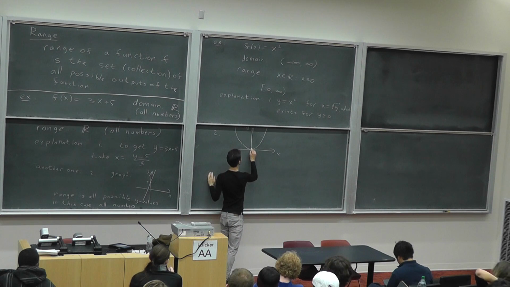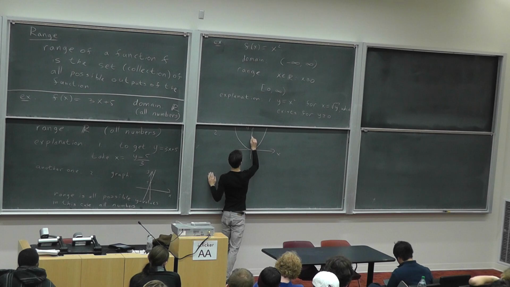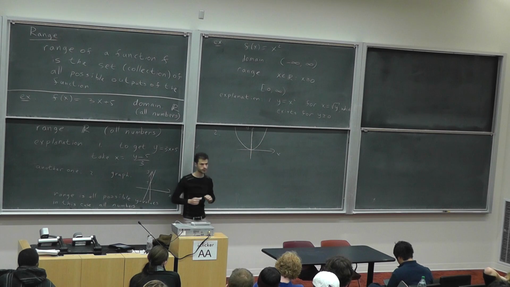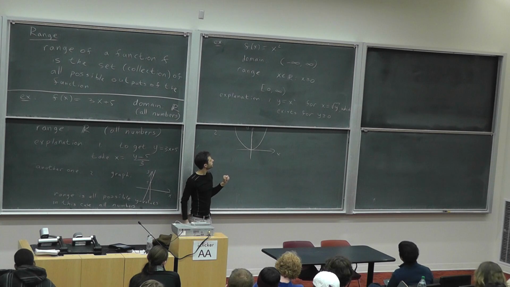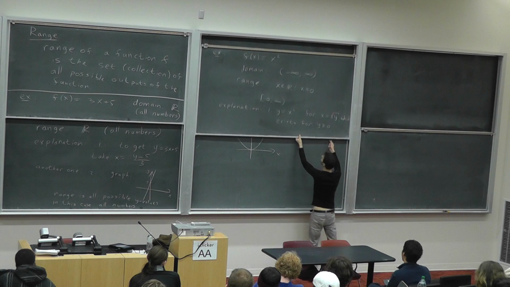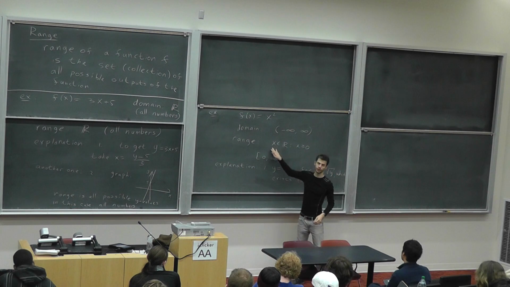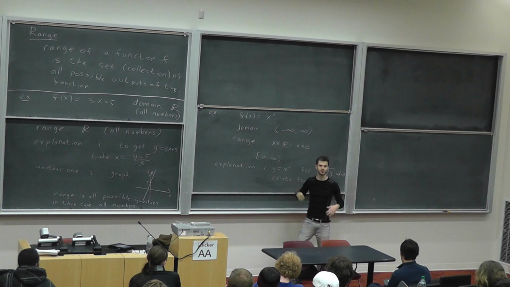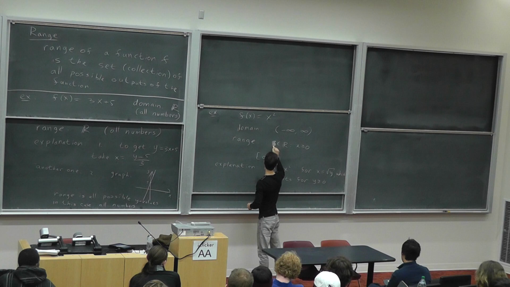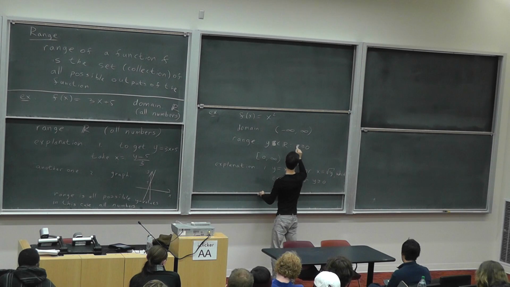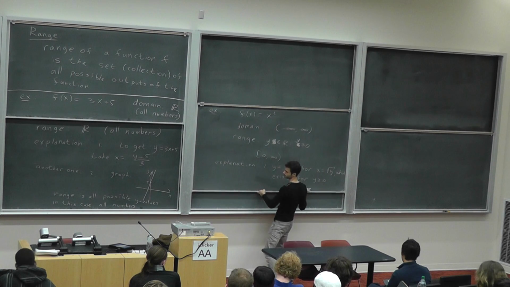So that's the range. Yes, and actually, when I was talking about the range, maybe it's better to denote the unknown variable as y, because that's the possible outputs, not the possible inputs. So I change this. It should be y in R, such that y is positive.